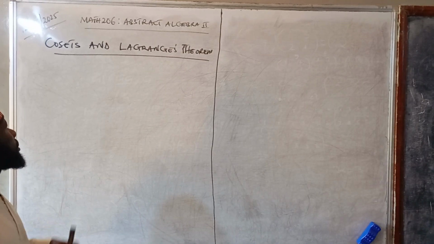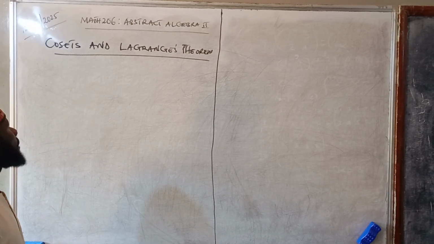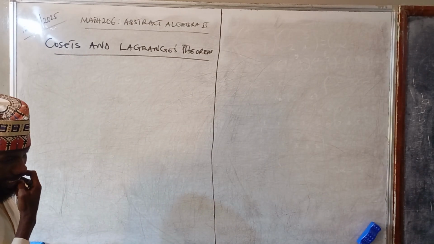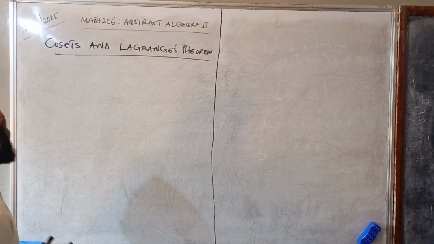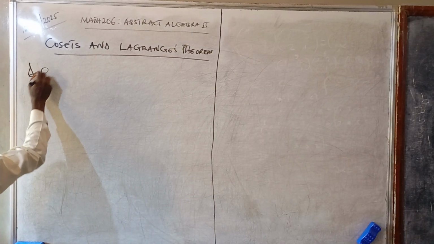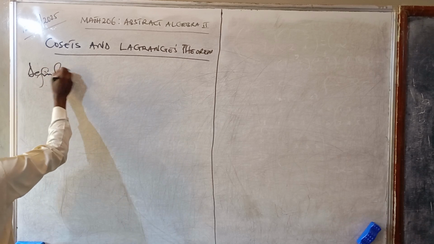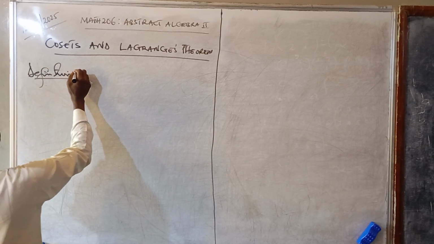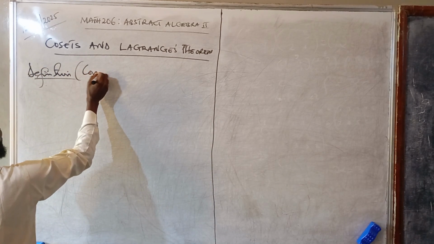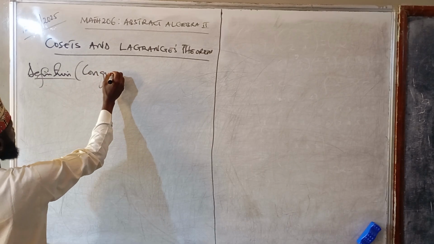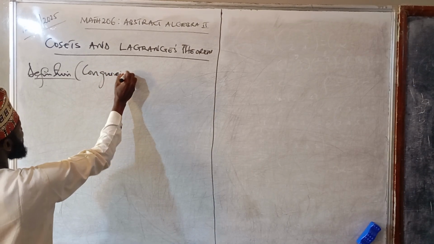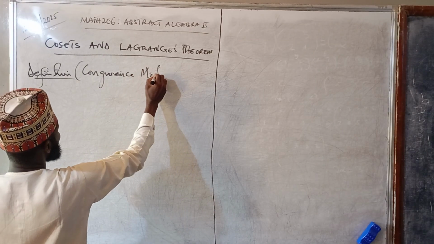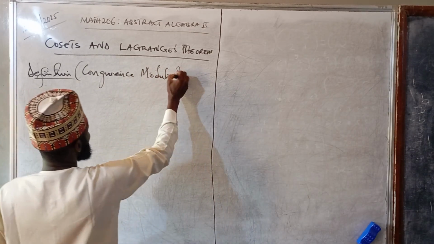But to introduce the concept of coset, we have to start by looking at an equivalence relation that can be defined in a group. So I will define the congruence modulo relation.